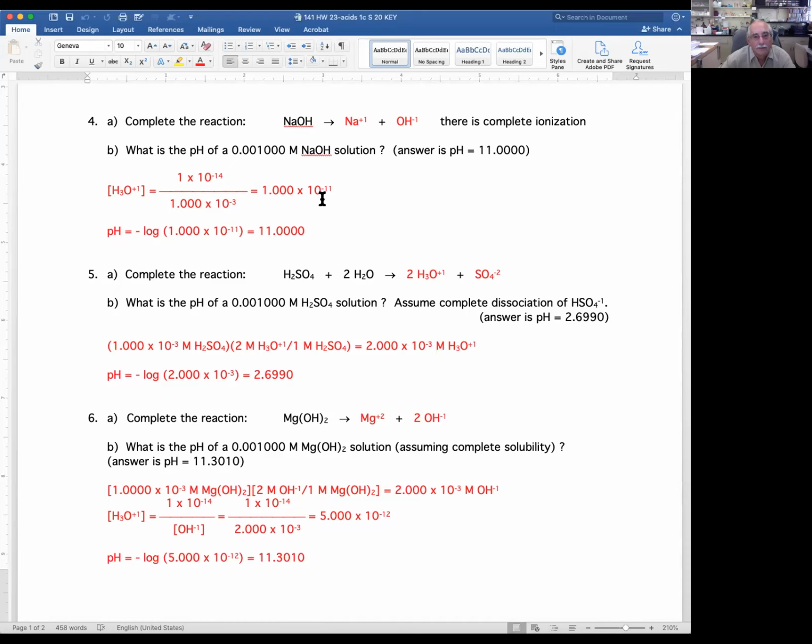Once I have that, I simply take the negative log of it. So you know what I mean by this? This is Kw. Kw is the OH concentration times the hydronium ion concentration, and that equals 10 to the minus 14th.